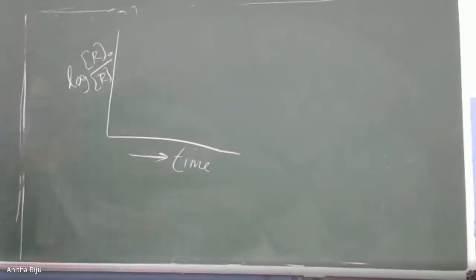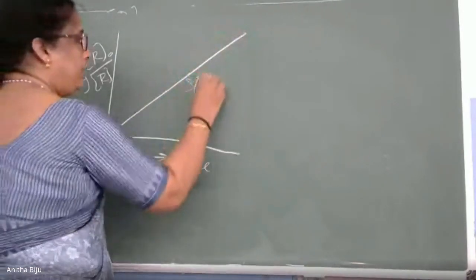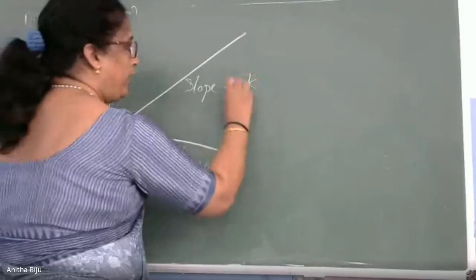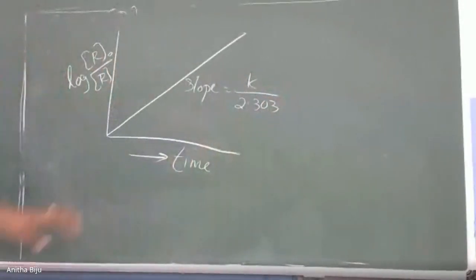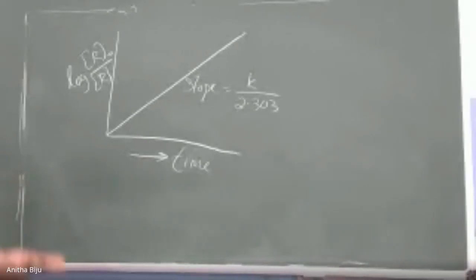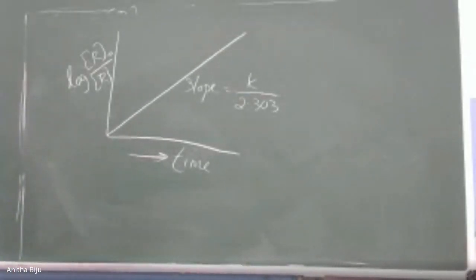Here we get a straight line like this, and the slope is equal to k upon 2.303. So from this slope we can find the value of k. So this is the graphical way of determining the value of k. Okay, I think it is clear to you.